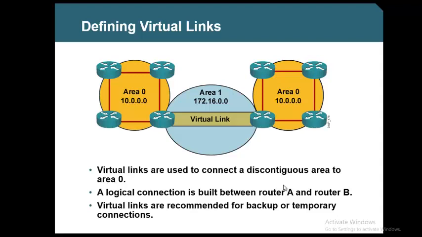There cannot be two area 0 in an autonomous system. So how do you combine? We combine by connecting through a link, a virtual link, so that it becomes one big area 0.